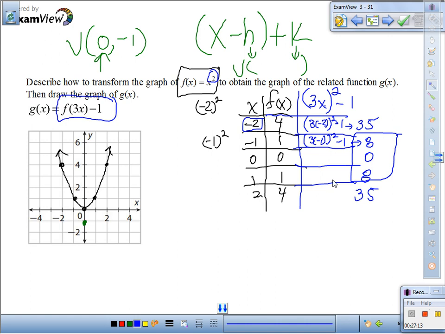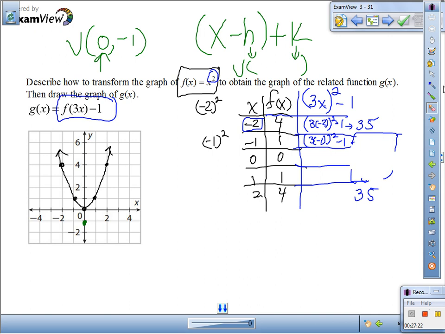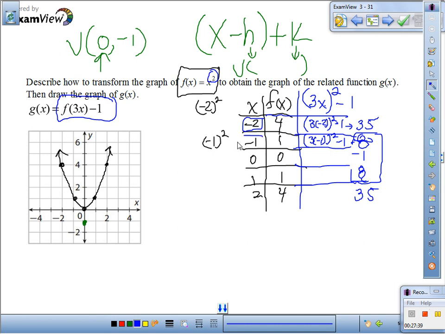What's that? Where? Oh, my bad. This is negative 1. Sorry. Negative, oh, this is positive 8. Negative 1, positive 8. Yeah. Sorry. All right, so let's graph these three with these x values. Here we go.